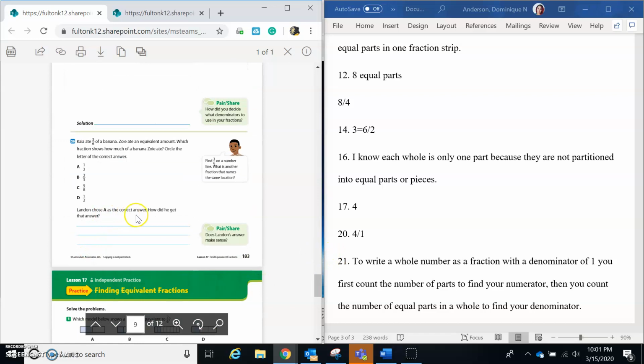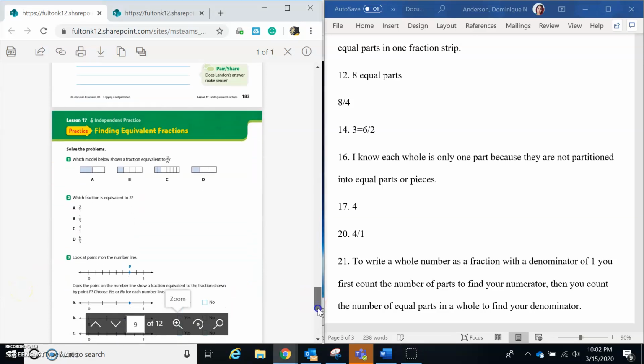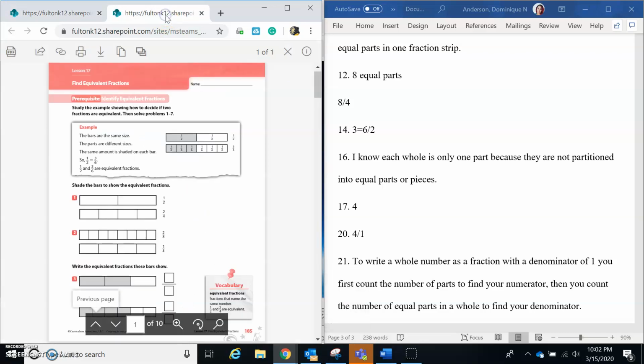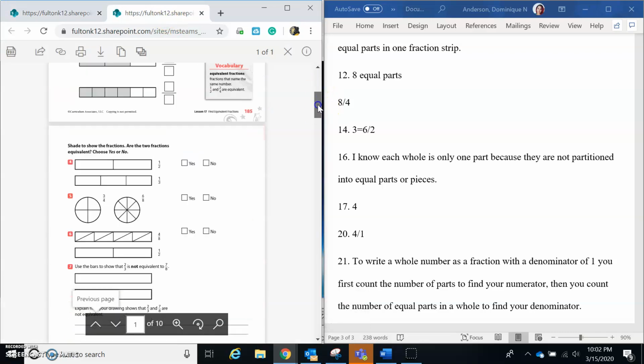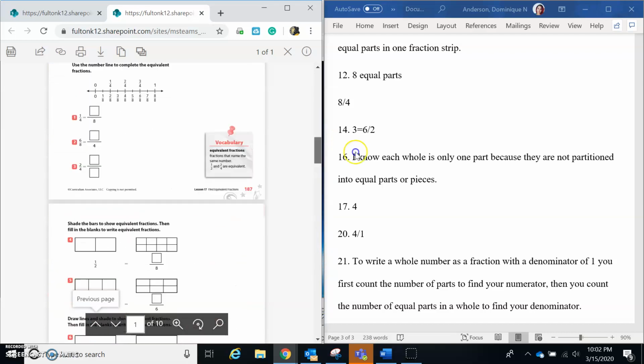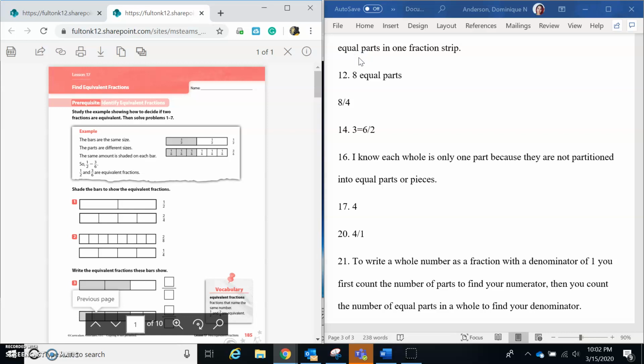Then it says Landon chose A as the correct answer. How did he get that answer? This goes back into how we talked about finding that mistake. So you're going to finish out your packet and answer the rest of these. Then when you're done, you're going to do this one on your own as well. Okay? And then finish your iReady lesson on equivalent fractions.